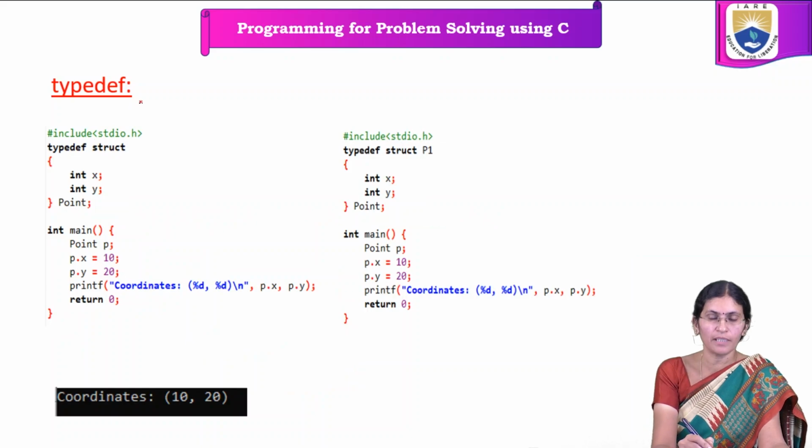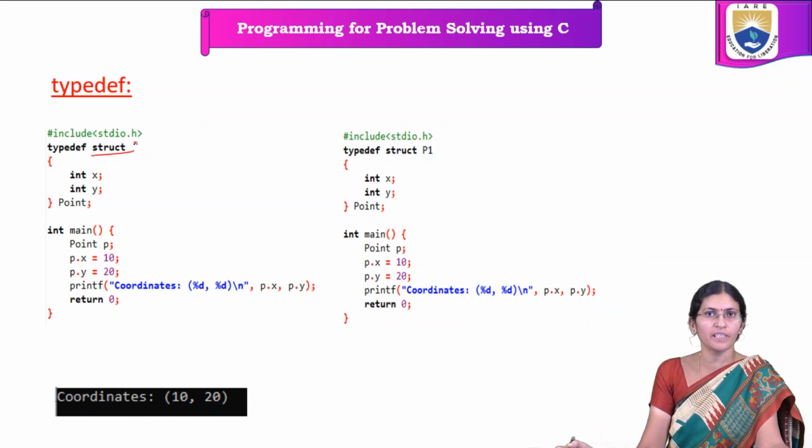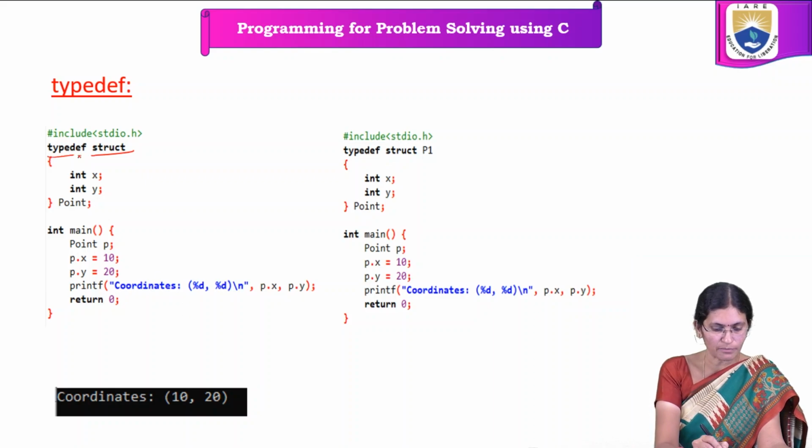This typedef can be used with structures, unions, pointers, etc. Structure is a user-defined data type. These are the two ways in which we can use typedef. Typedef, and then this is the structure definition.